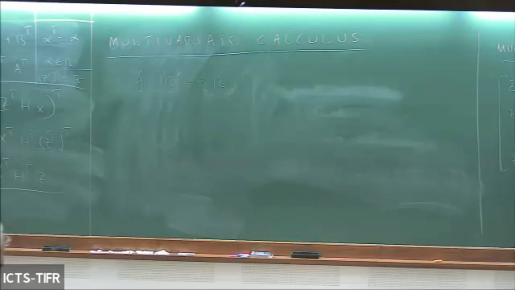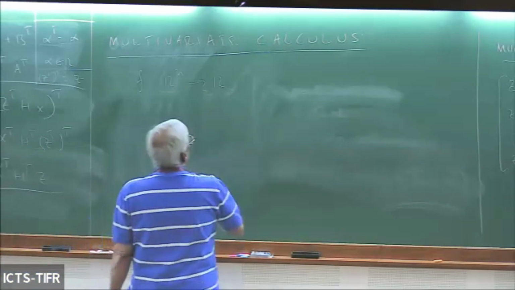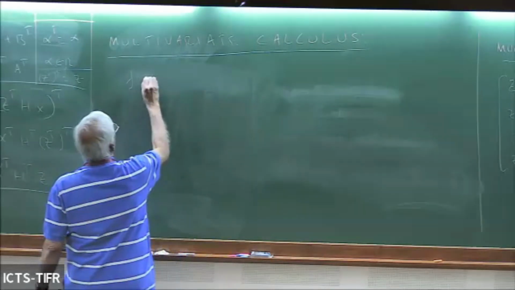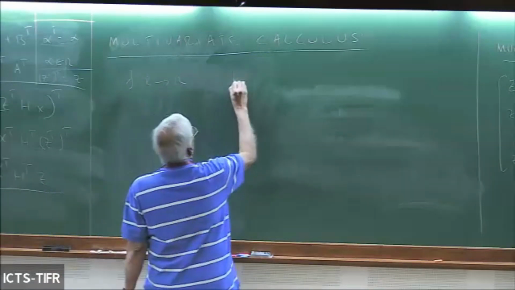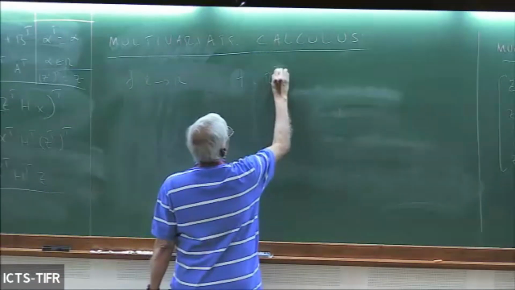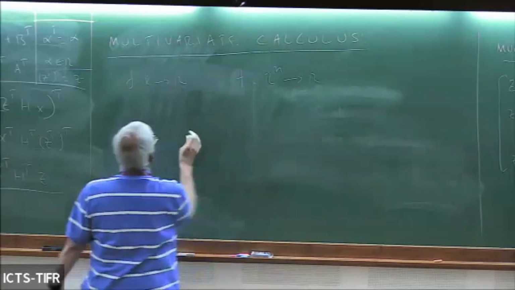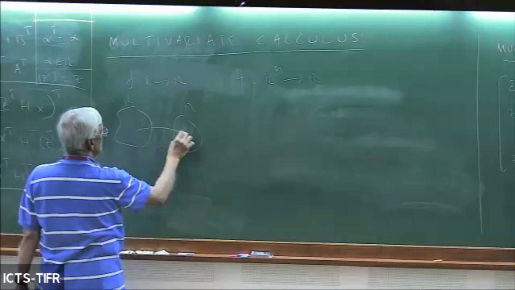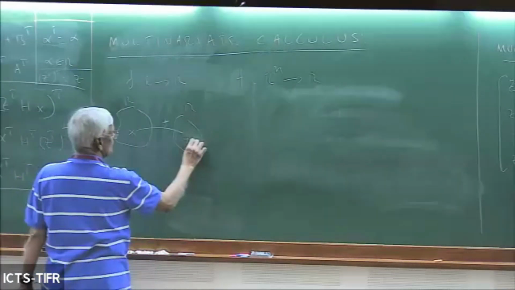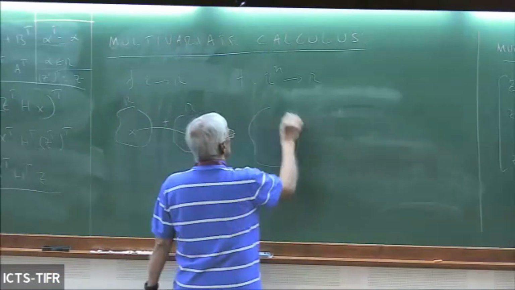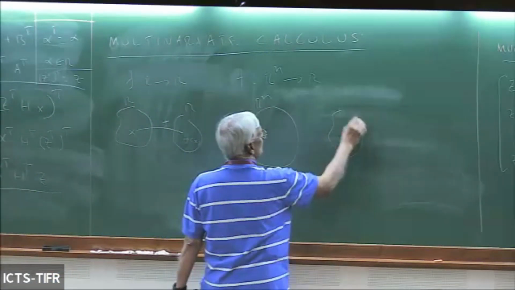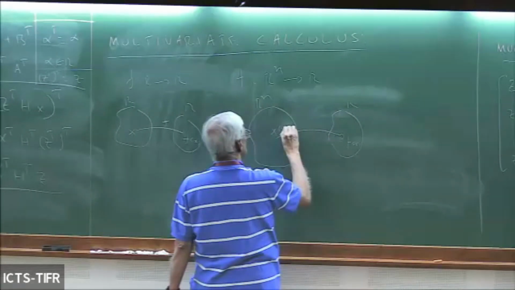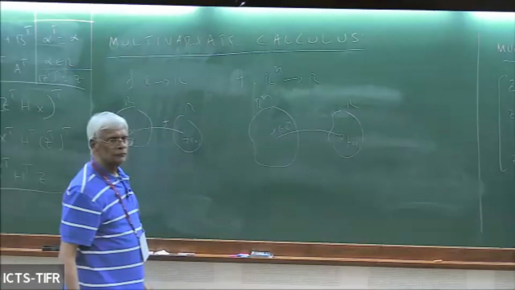So what does multivariate calculus tell you? So look at this now. There are f from R to R, f from Rn to R. I hope you all understand the notation of this. This is R, f is this, this is f of x. So in here, this is Rn, this is R, this is x, this is f of x, x belongs to a vector. So what is this called?